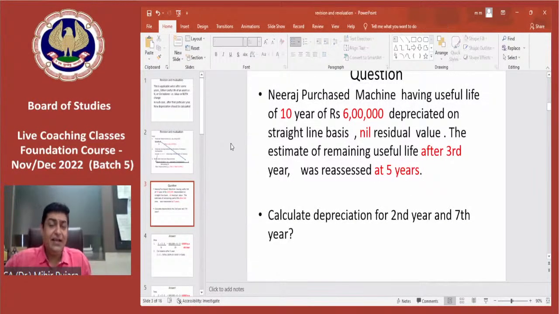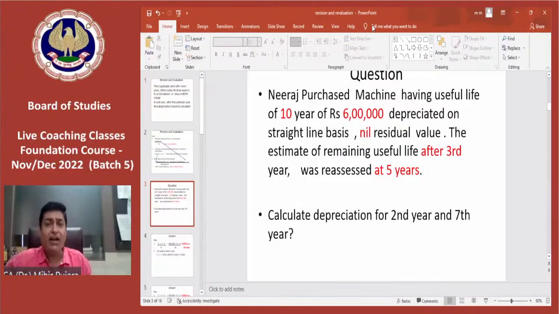So when we are revaluing or re-estimating the asset, we are doing it after 3 years. So revaluation is done after 3 years, revision is done after 3 years, re-estimate is done after 3 years.